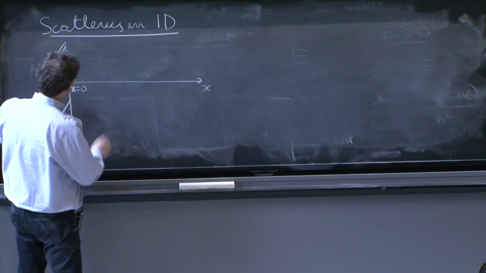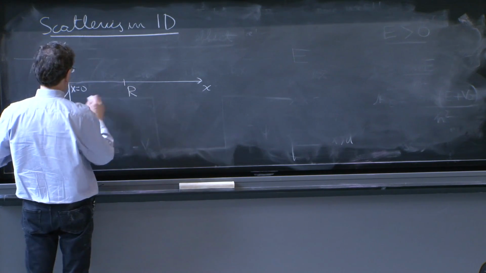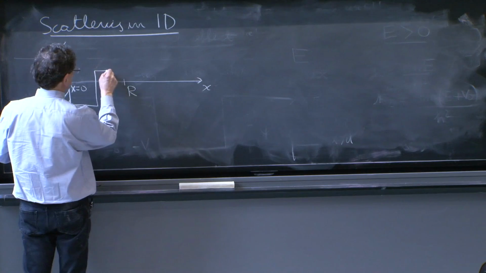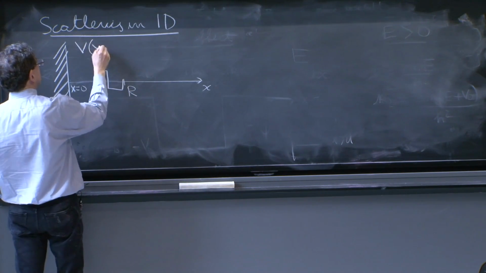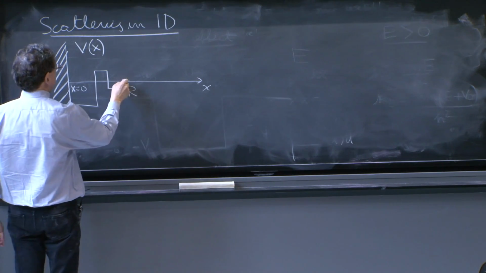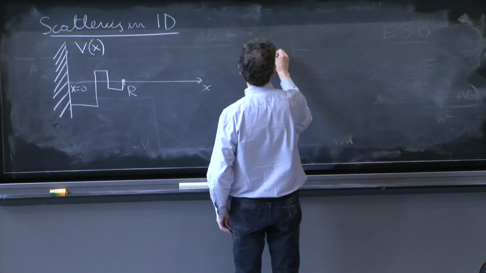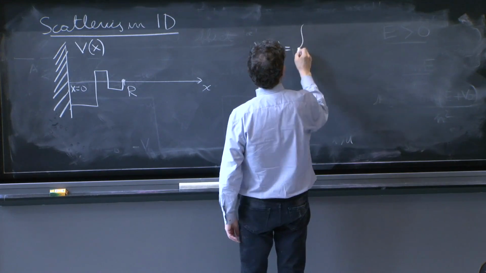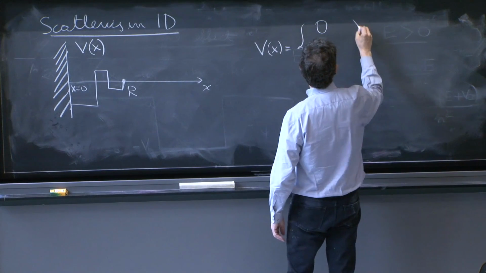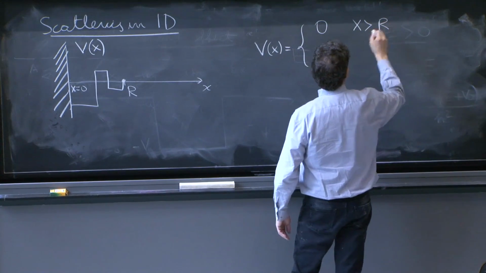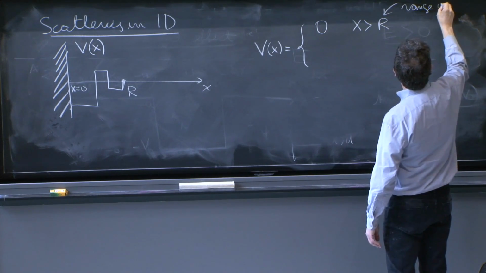On the other hand, up to some distance r, there could be a potential, v of x. So we will have a potential, v of x, with the following properties. It will be identically 0 for x greater than r, which is called the range of the potential.